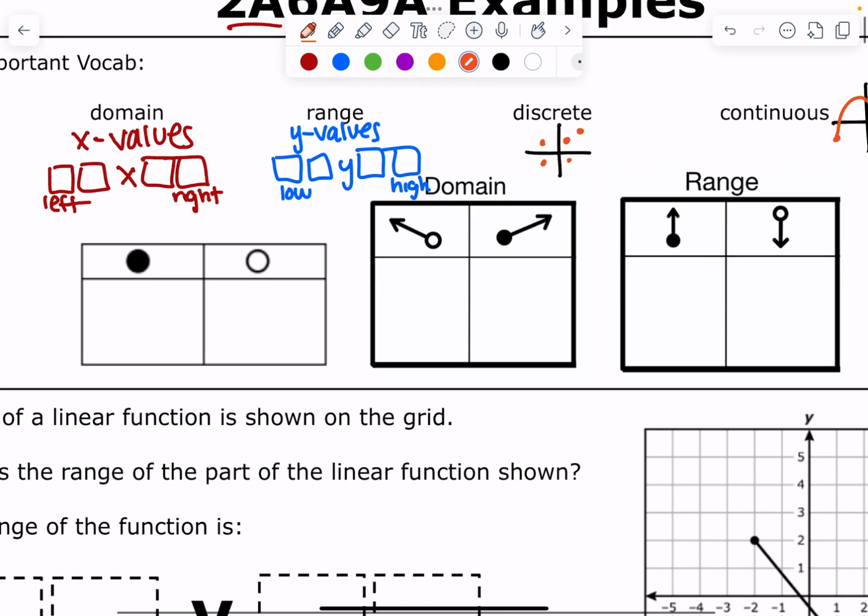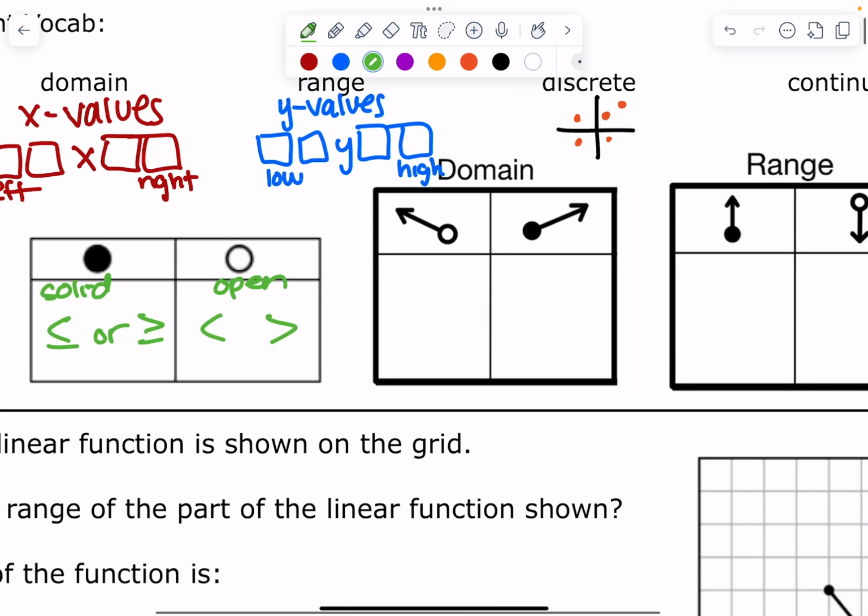So for our first one, we have the symbol, which is a solid point, and we get the symbol with the line underneath. Then we have open, which gets us no line. So here, when we're talking about domain, we're talking about the x-axis. And this is like 0, 1, 2, 3, -1, -2, -3.